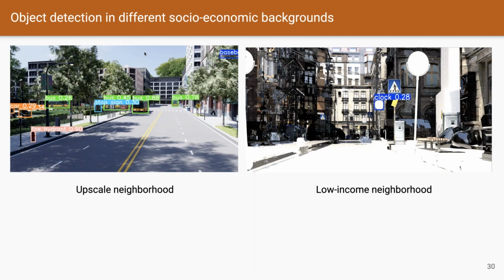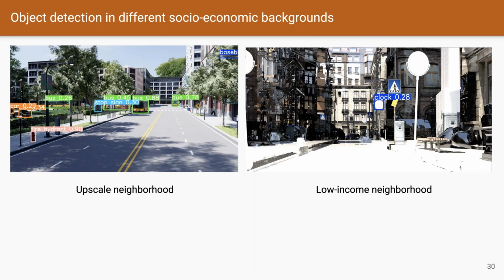What was interesting was as we were modeling different city scenes and trying to do ray tracing and object detection, and our next step was to automate and construct this entire simulation into a digital twin, we simulated an upscale neighborhood and a low-income neighborhood. In the upscale neighborhood, the one I want you to pay attention to is the stop sign. It says it's a stop sign with 30% probability, and it doesn't even face the direction you're looking at.